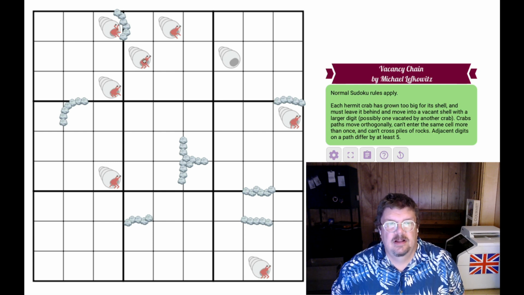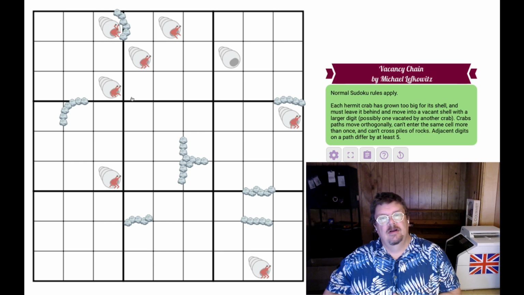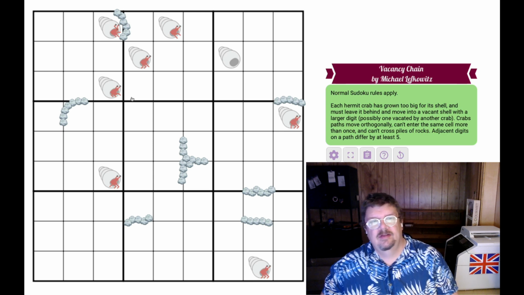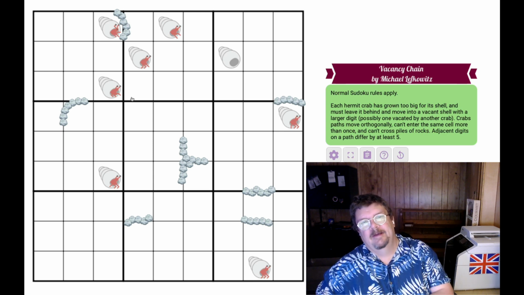It vacates its shell, and so on. And that's actually very much how hermit crabs work in real life, if I remember rightly. They often kind of line up with a bigger empty shell than the one that the biggest crab is currently in, and they all kind of move up a shell. So that's really fun and thematic. I like that.